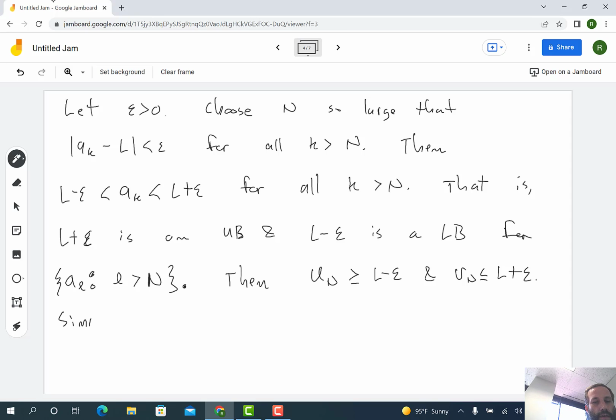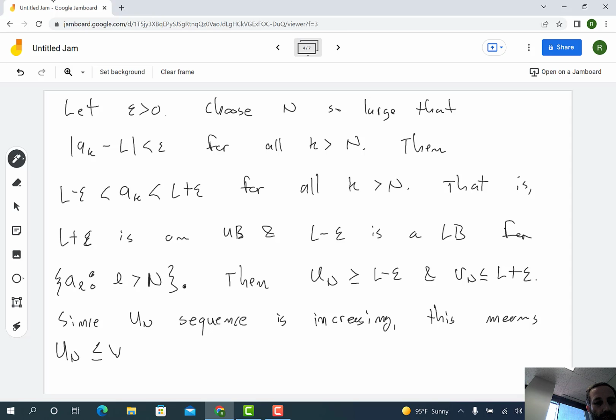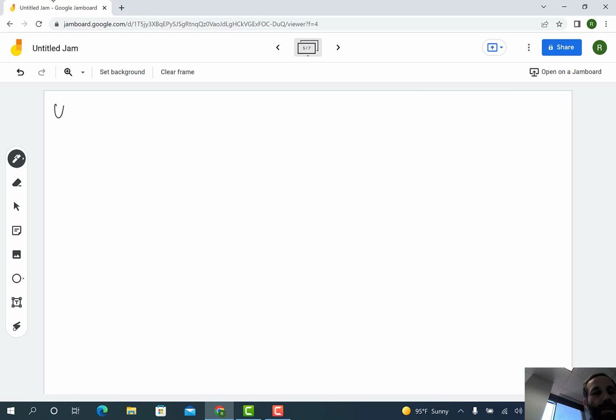Since the U_n sequence is increasing, this means U_n is less than or equal to U, and V_n is decreasing, so V is less than or equal to V_n.